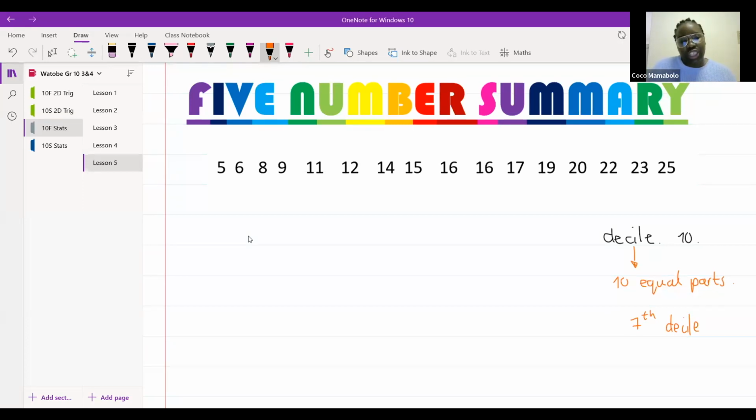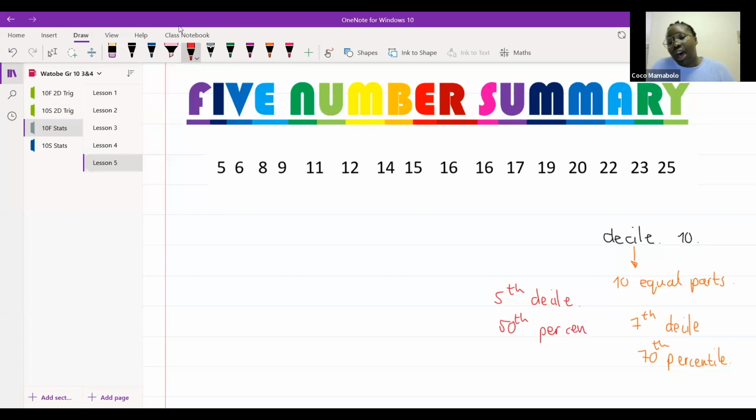So what we're actually asking for is the 70th percentile. Now, if I asked you guys to find me the 5th decile, you guys would then go and find me the 50th percentile.